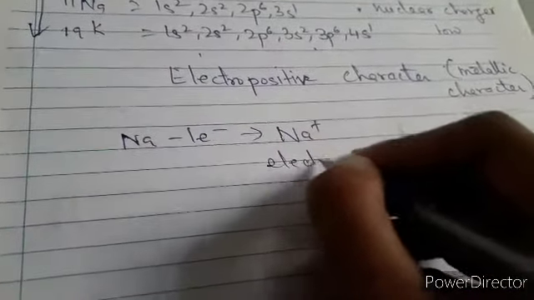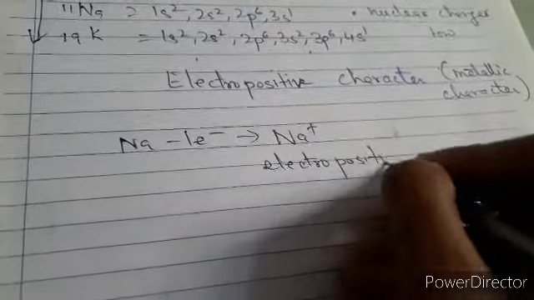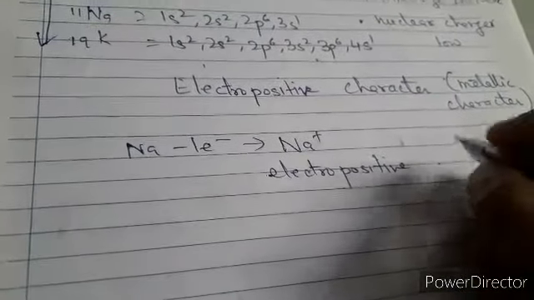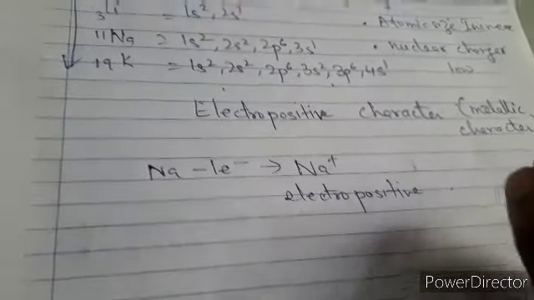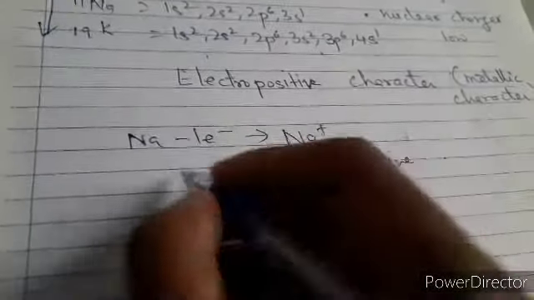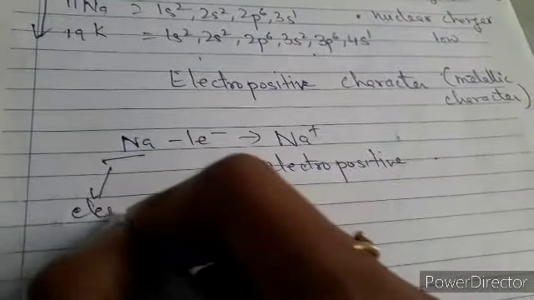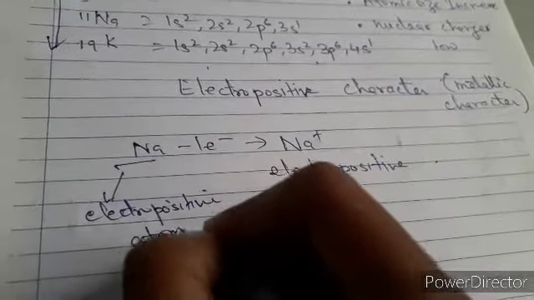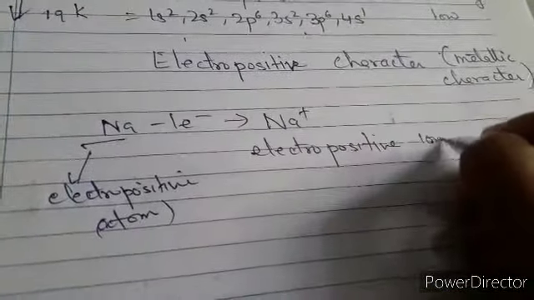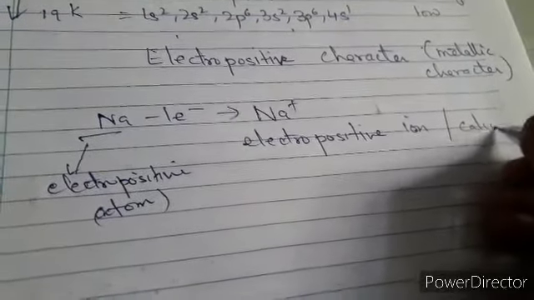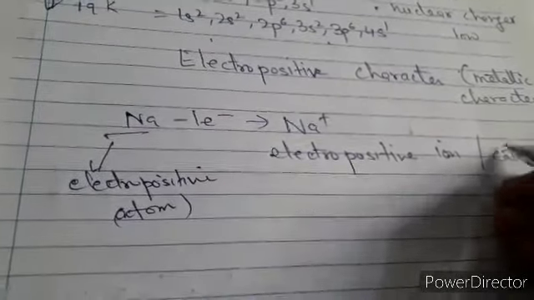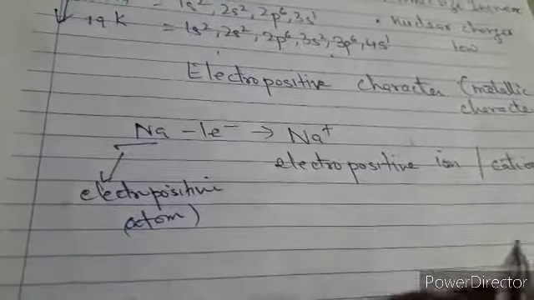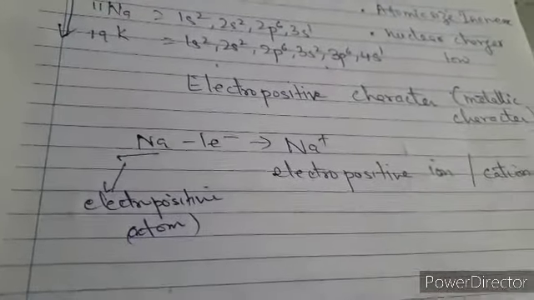So they are strongly electropositive in nature. The electropositive atom becomes an electropositive ion, or electropositive cation, when it forms. So they have a strong electropositive character.